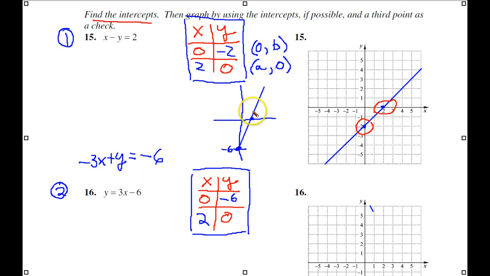And the same thing here, my x-intercept there, and my y-intercept there. So with 2 points, you can define a line. And by using this special t-chart, you can actually get the 2 intercepts. Okay, let's try some more.